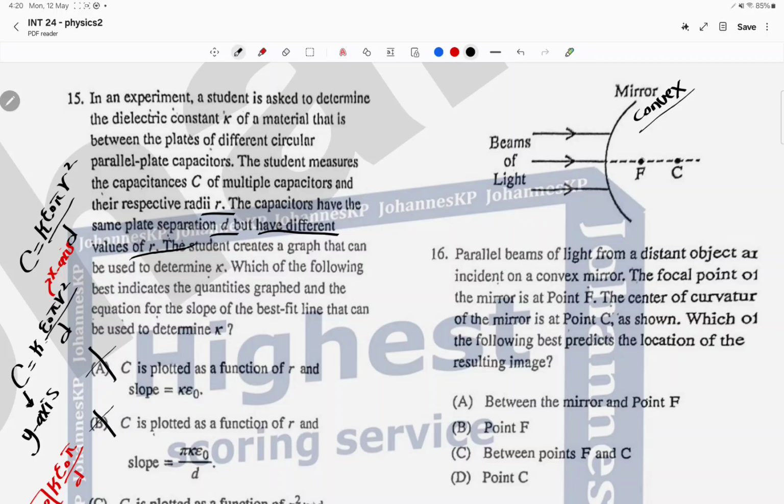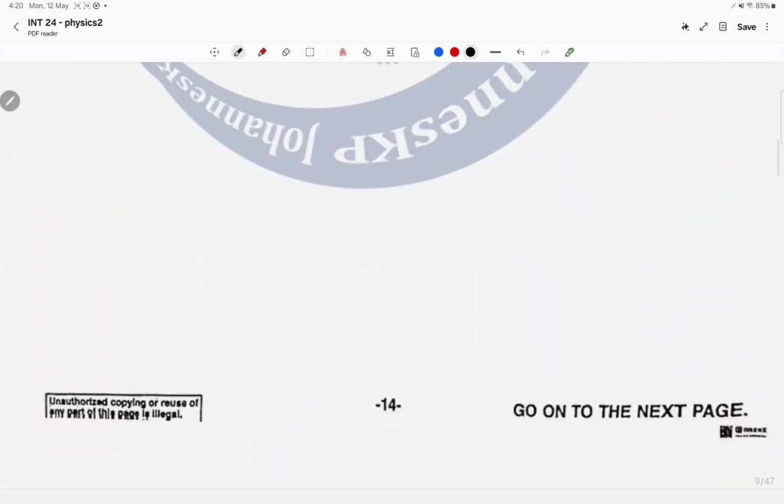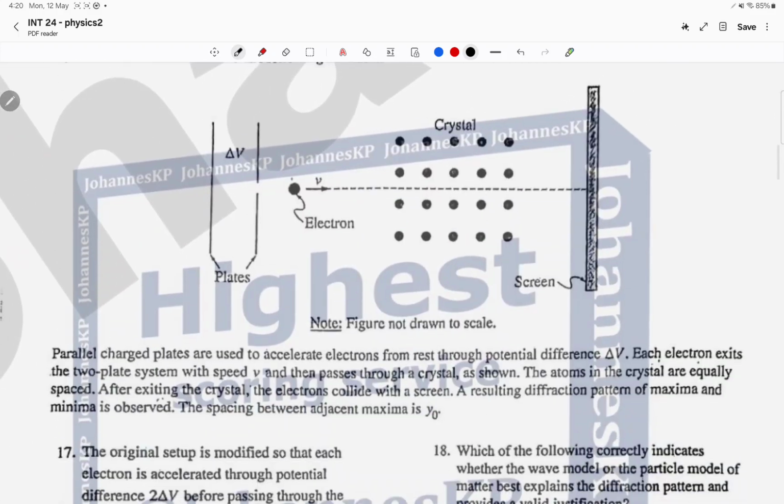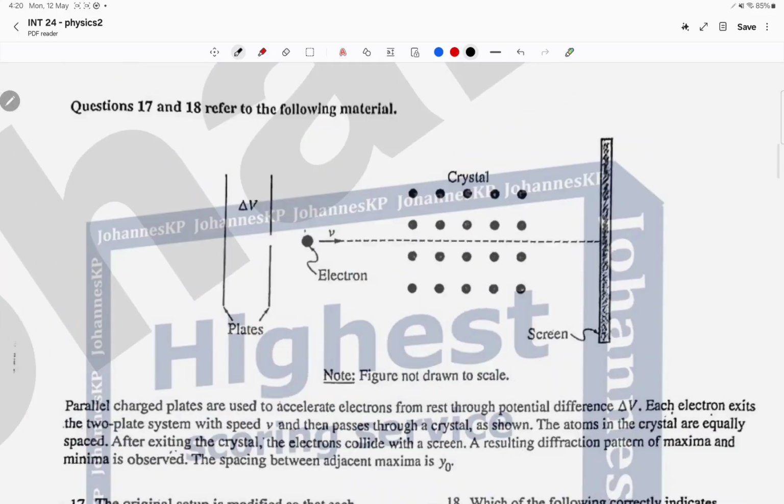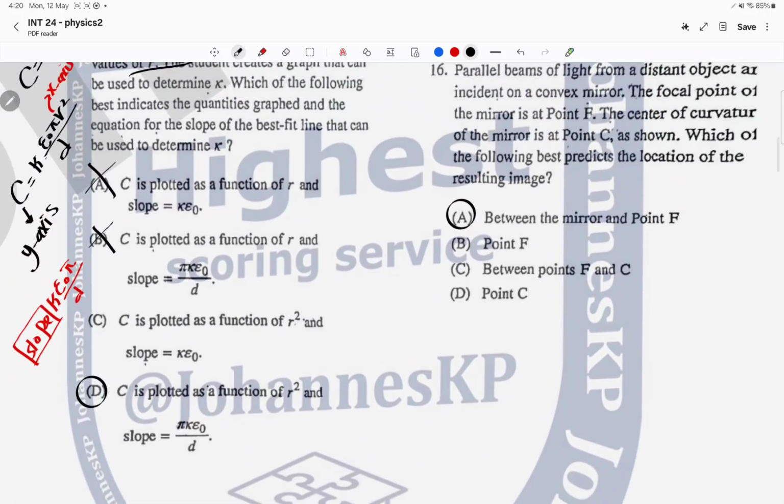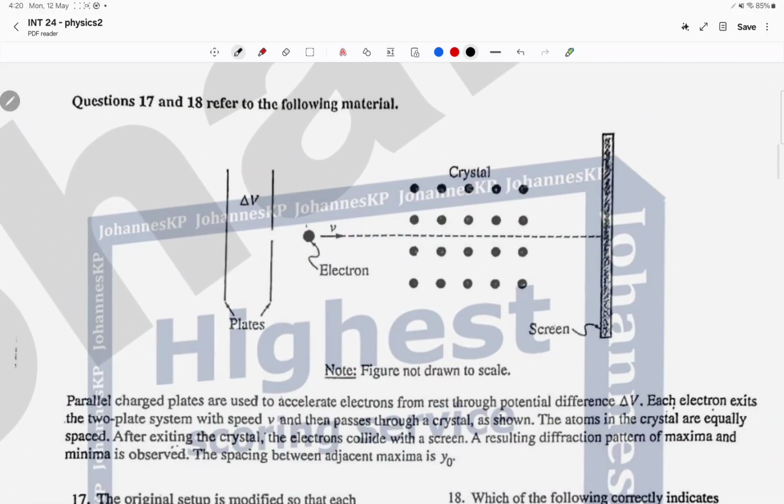And if you know your ray diagrams, which you must, the image will form here, before F. Oh my god, they put before F?